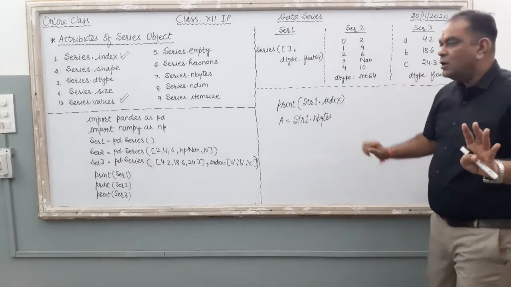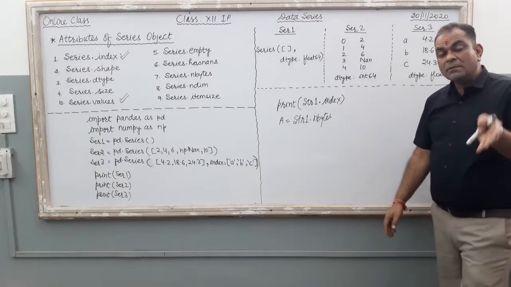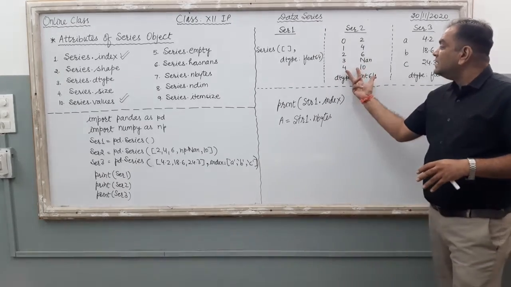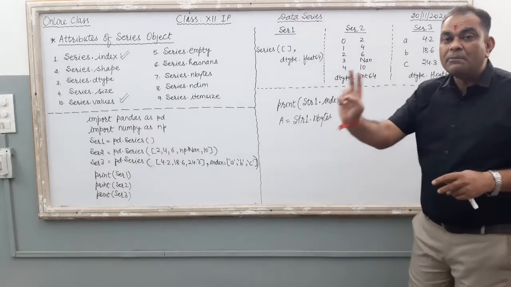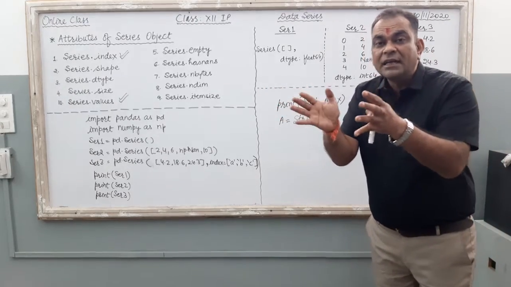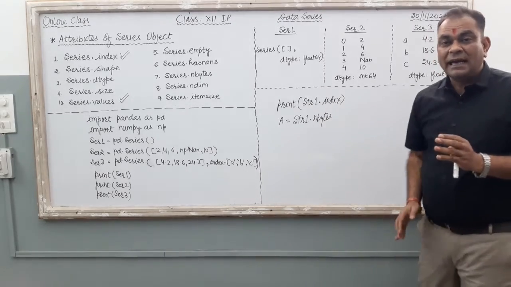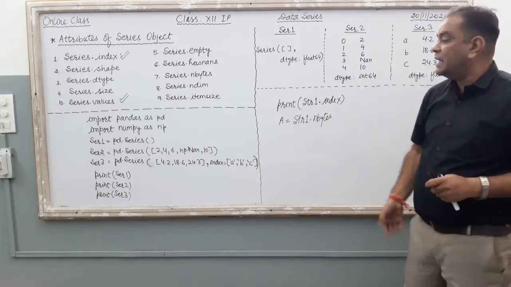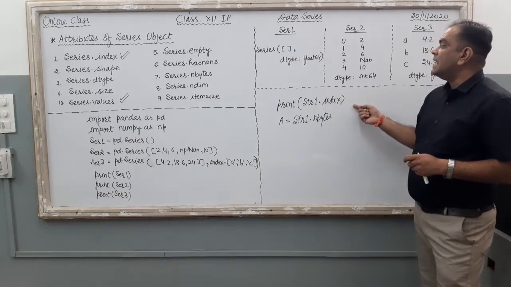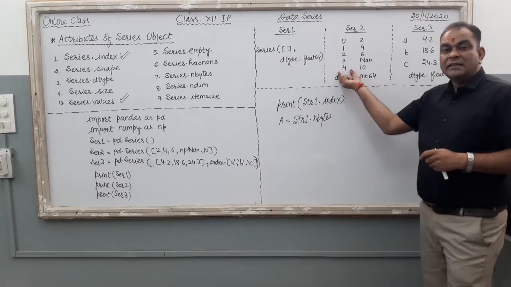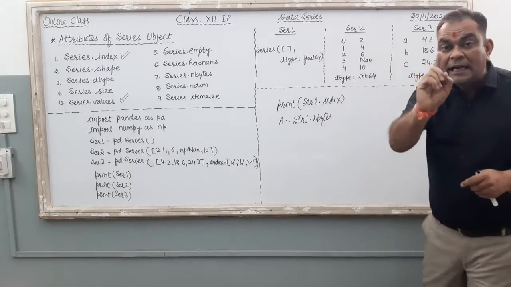Everyone knows this, index as well as values. Now whenever you print a series, both these terms appear together, right? Now if you want to see the index values only, just use str.index. These index values are shown on the monitor, only index values.